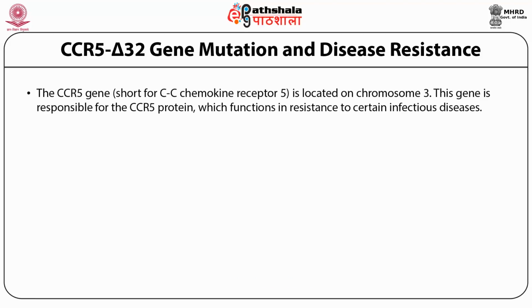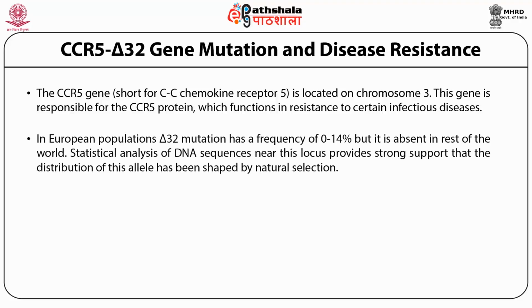The CCR5 gene is located on chromosome number 3. This gene is responsible for the CCR5 protein, which functions in resistance to certain infectious diseases. A mutation of the CCR5 gene results in the deletion of a 32 base pair section of the DNA sequence of the CCR5 gene and is known as the CCR5 Delta 32 mutation.